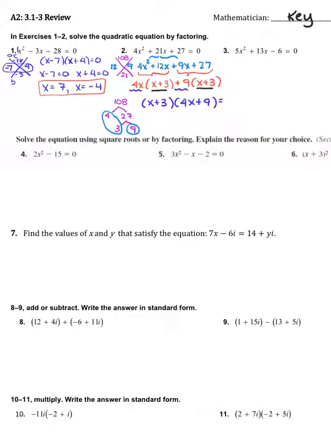And now we set it equal to 0 and set each factor equal to 0. So this will give me x equals negative 3, and 4x plus 9 is going to give me x equals negative 9 fourths. You'll always end up with a fraction on these ones where a is not 1.